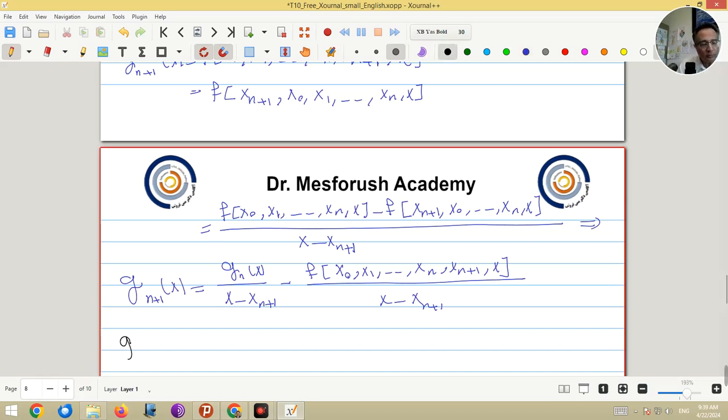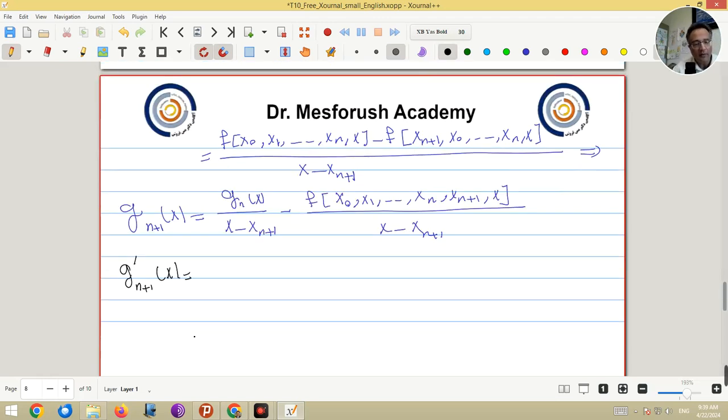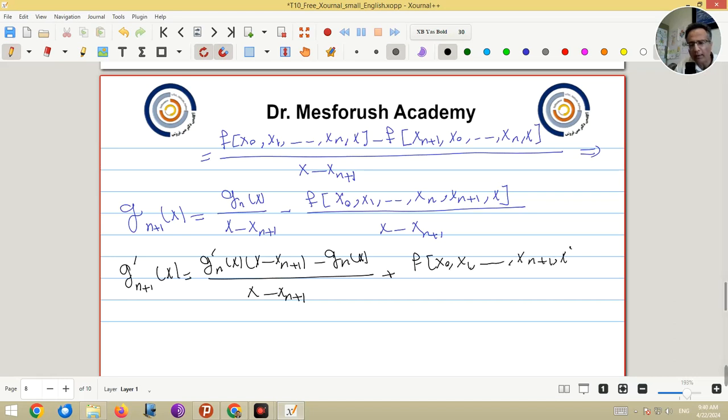Now let me compute g'n+1(x), and the derivation of this one is not hard. It can be computed easily. gn'(x) times x minus xn+1 minus gn(x) over x minus xn+1, and here the minus should be plus, and we get f[x0, x1 to xn+1, x].